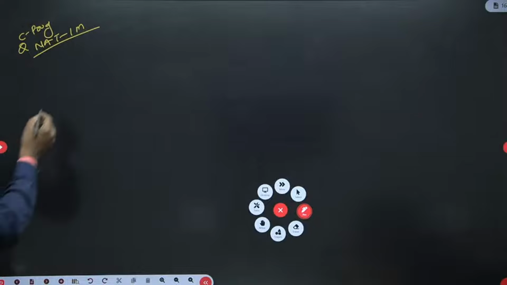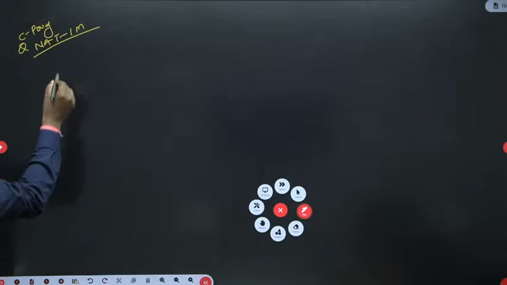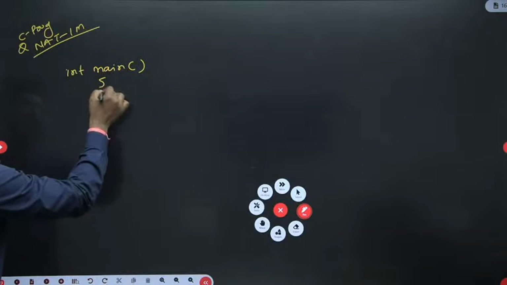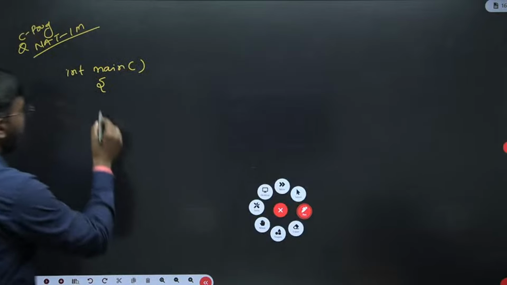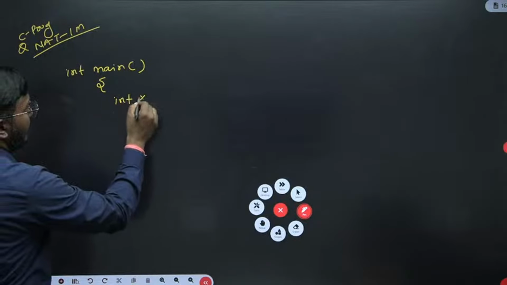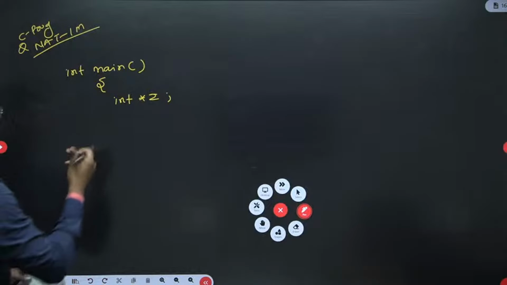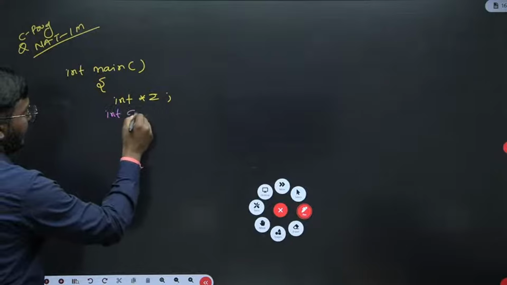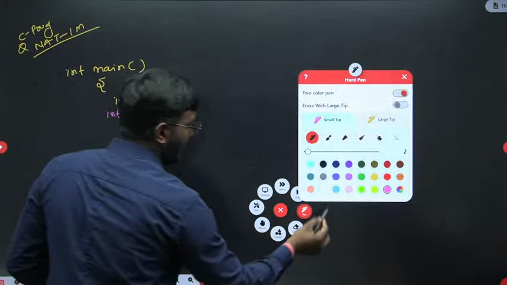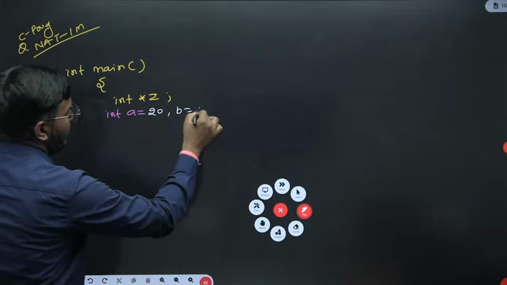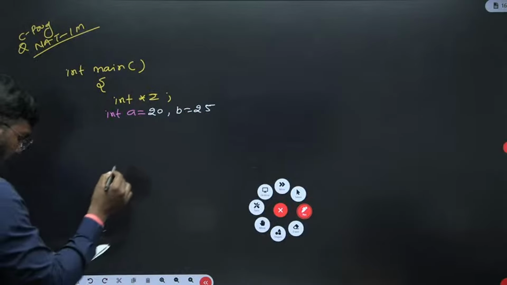And the question was given with int main. The problem was given with an integer pointer z, then int a is equal to 20, b equal to 25, getting my point.